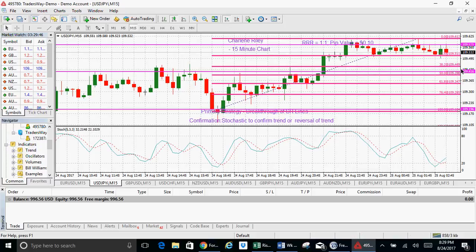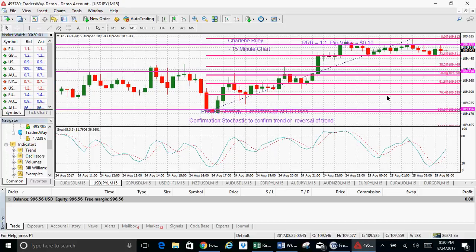Looking for a sell, I'd be looking for the break below the 109.511 and stochastic below 50 and dropping.